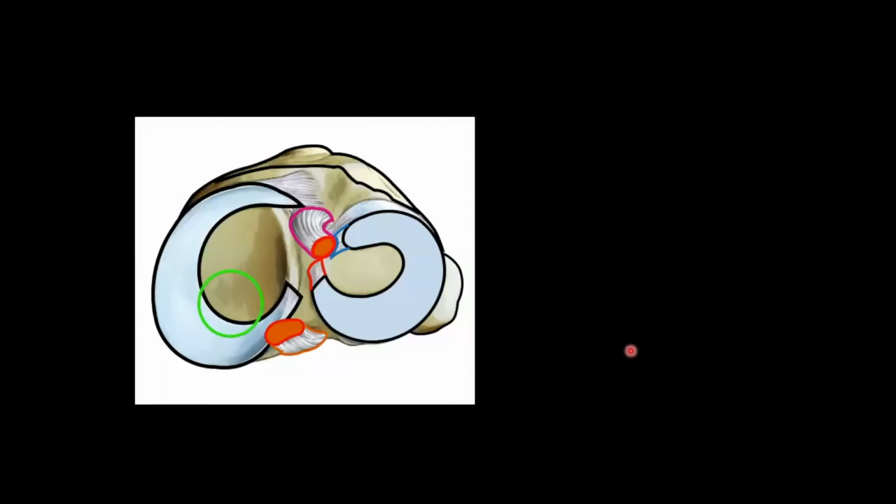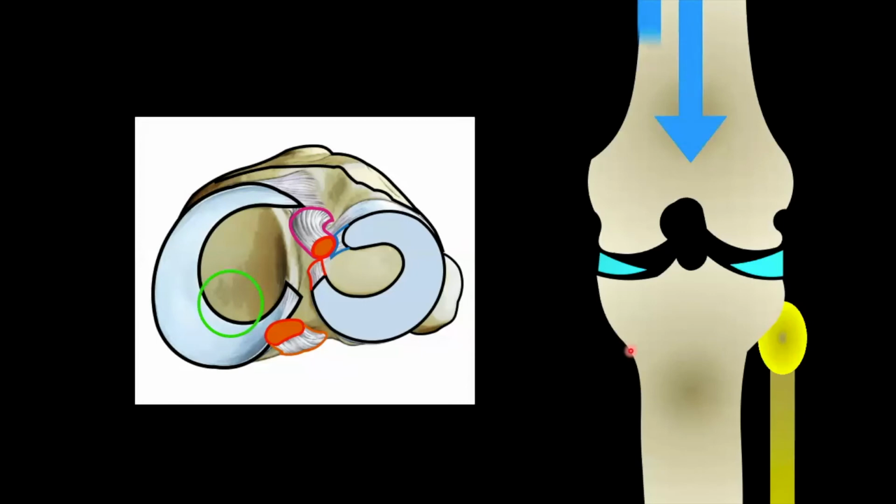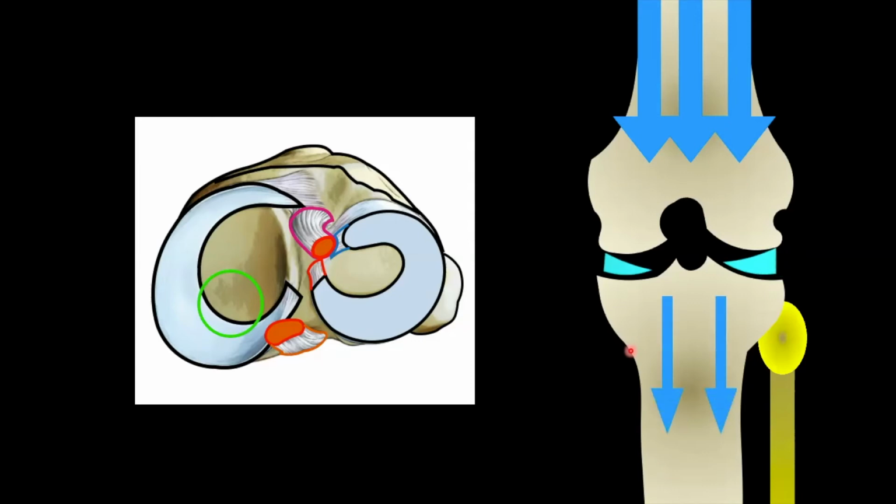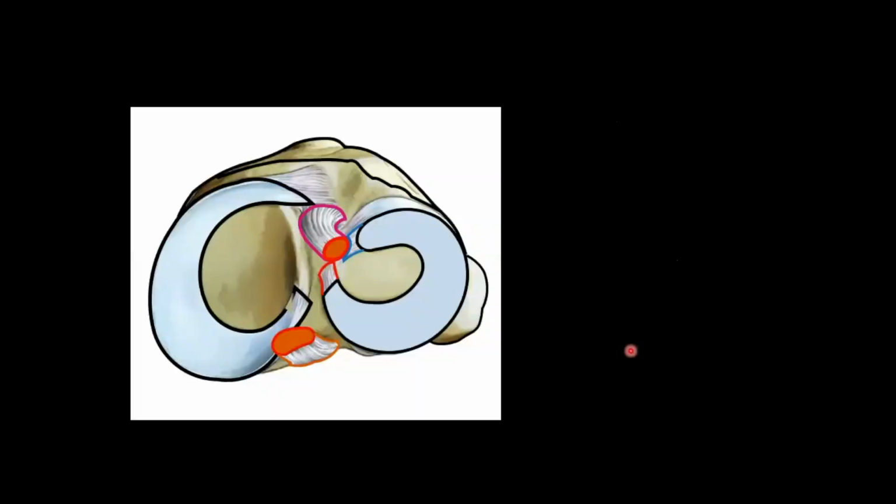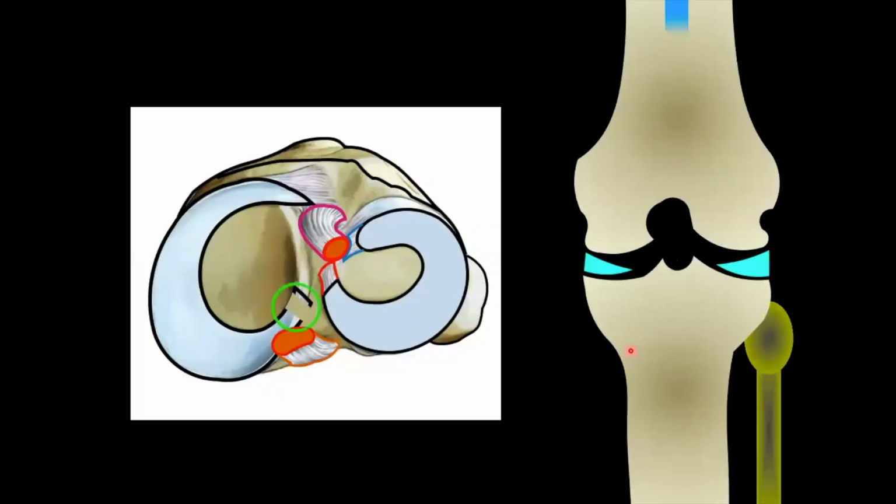When there is an intact meniscal root, the forces transmitted from the femoral shaft are resolved by the meniscus, and thus less force is transmitted to the tibia, and the joint is protected.